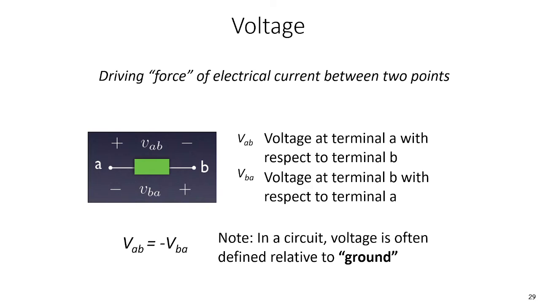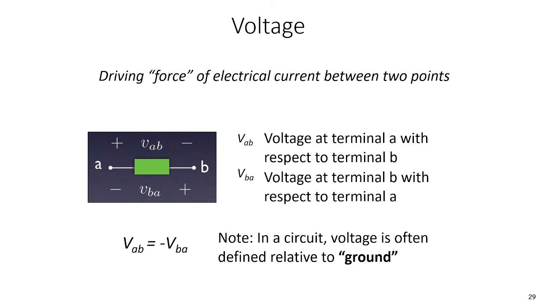For voltage, voltage is the driving force of the electrical current between two points. If there is voltage, current will be there in the closed circuit. The voltage will drive the current to flow from the positive terminal to the negative terminal.